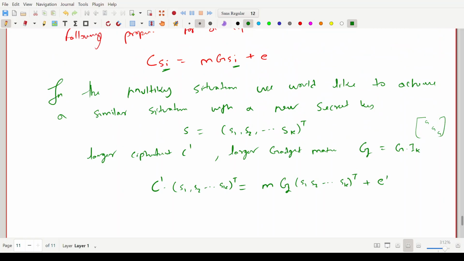So in the case of multi-key, I am having n parties, correct? Each of them has their own secret key. So the combined secret key is this one. This will be achieved by transforming an existing ciphertext that encrypts a message M under a certain key SI into a new ciphertext encrypting message M under the concatenated key S. That means earlier each party has encrypted.